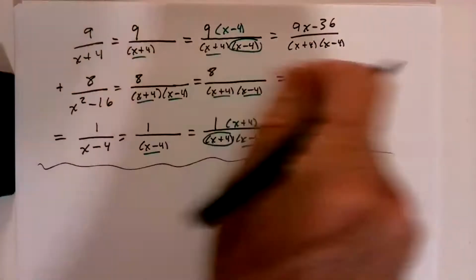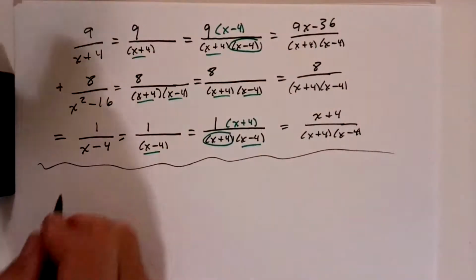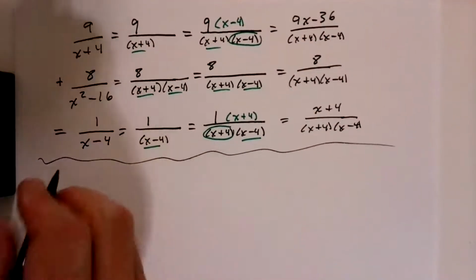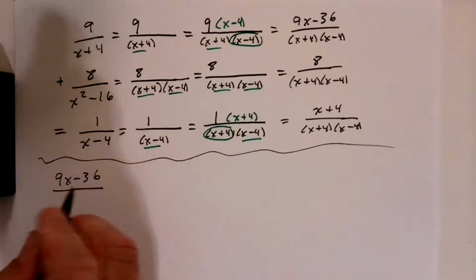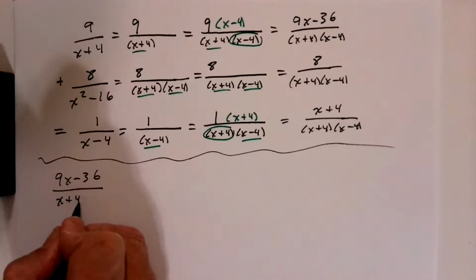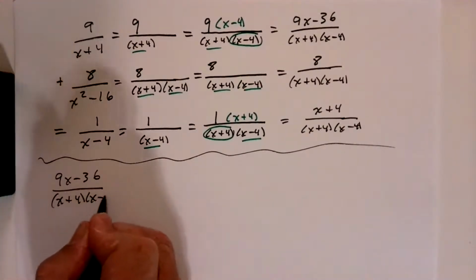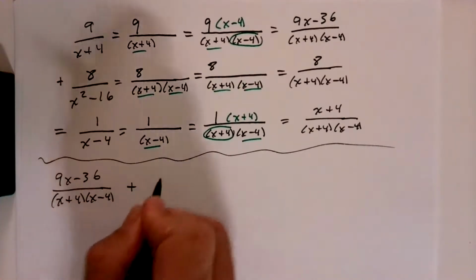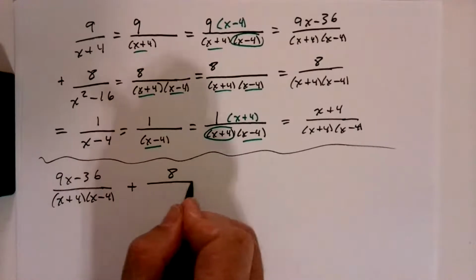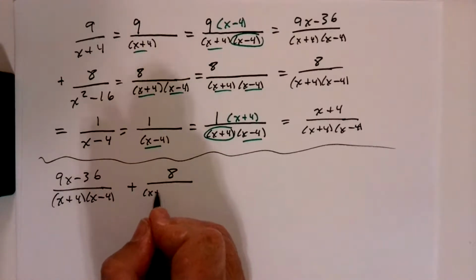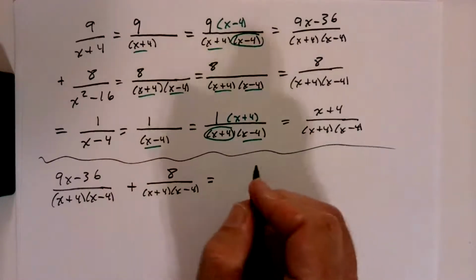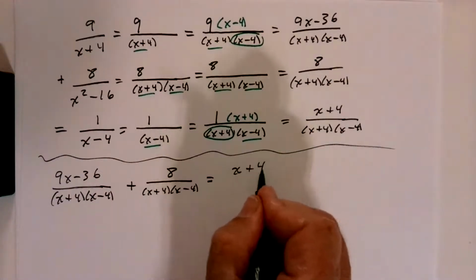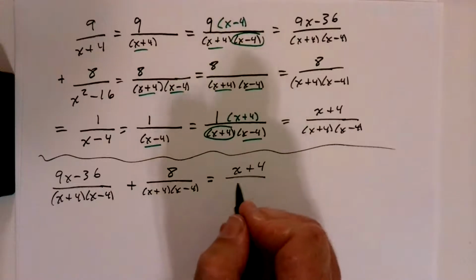This fraction plus this fraction equals that fraction, so let's write all that down. (9x - 36) over (x + 4)(x - 4), plus 8 over (x + 4)(x - 4), equals (x + 4) over (x + 4)(x - 4).